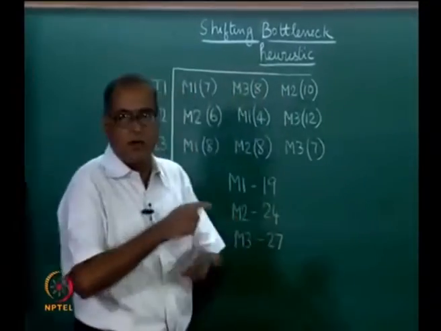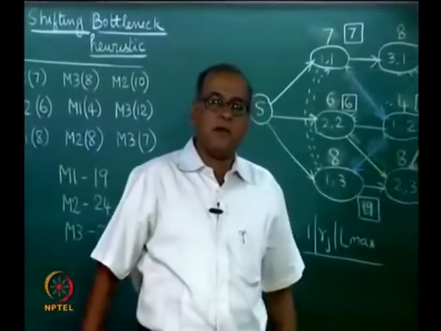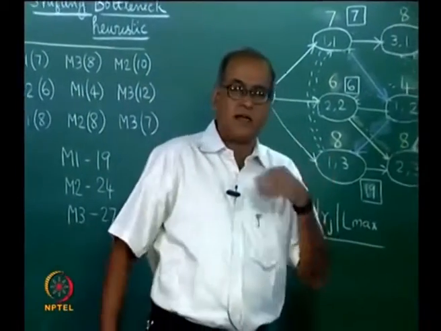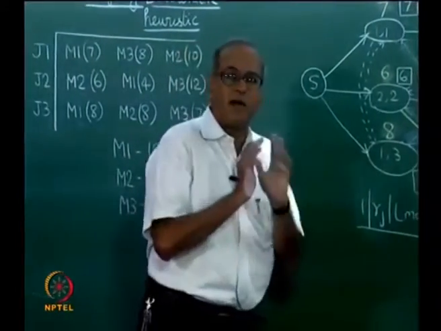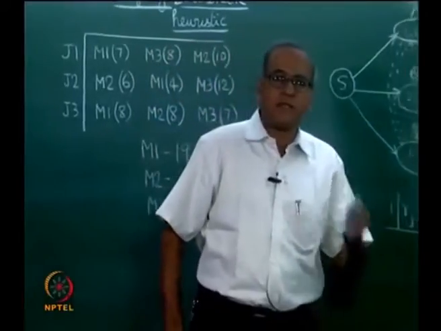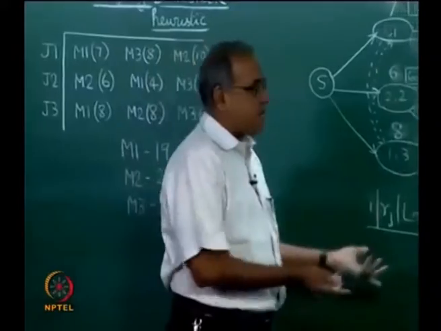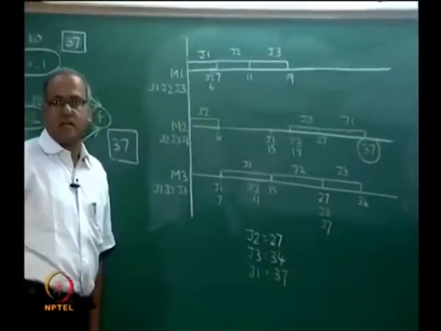Now, this particular order of applying the 1 | rj | Lmax need not be optimum. So, shifting bottleneck heuristic does not guarantee the optimal solution, but it provides an excellent alternative to a dispatching rule based approach to solve the problem, because any dispatching rule based solution would give us a certain Gantt chart.